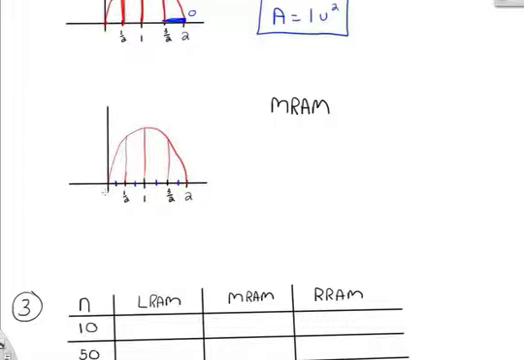And halfway between a half, of course, should be 1/4. Halfway here would be 3/4. This would be 5/4. And this one would be 7/4.